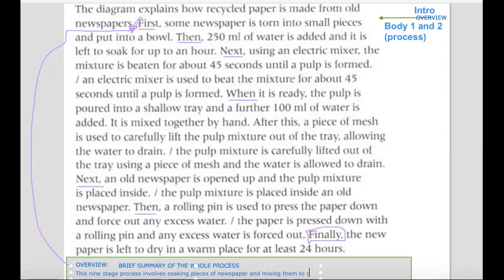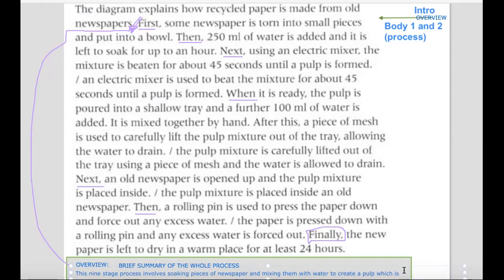Mixing them with water to create a pulp, which is now what happened after they created the pulp.